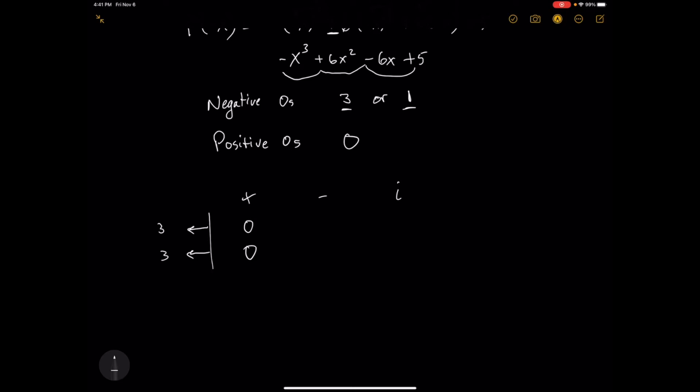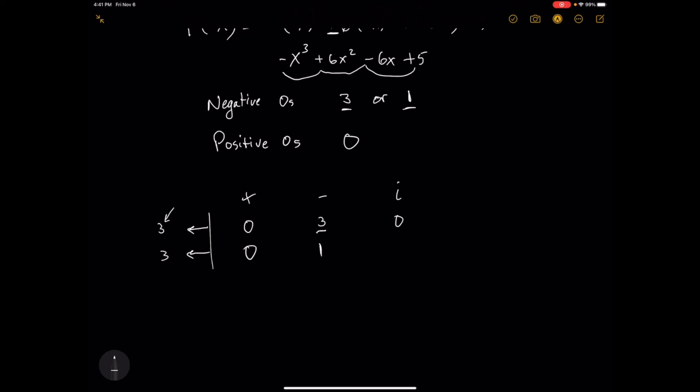And I need to pay attention to how there are going to be more combinations, right? In this case, if I have 3 negative zeros and I need them to add to 3, that means I'm not going to have any imaginary zeros, okay, because I already have all 3 zeros accounted for. So it could be that I have 3 negative zeros.